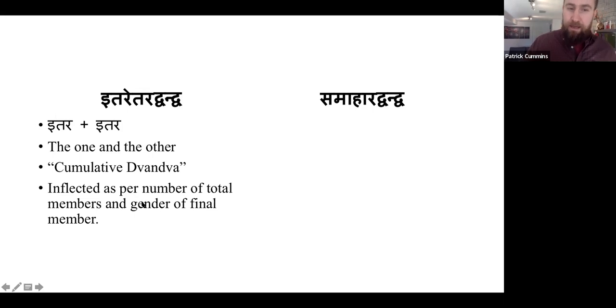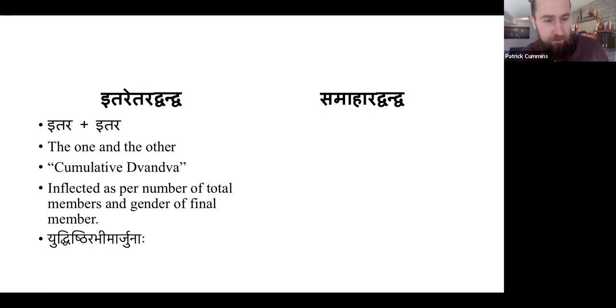And it takes the grammatical gender of the final noun stem, regardless of the gender of the previous noun stems. So for example, Yudhishthira Bhimarjunaha, probably familiar characters. Here you have the three Pandava brothers from eldest downwards, Yudhishthira and Bhima and Arjuna, and it's in the nominative plural, and it's inflected in the masculine because Arjuna is masculine.